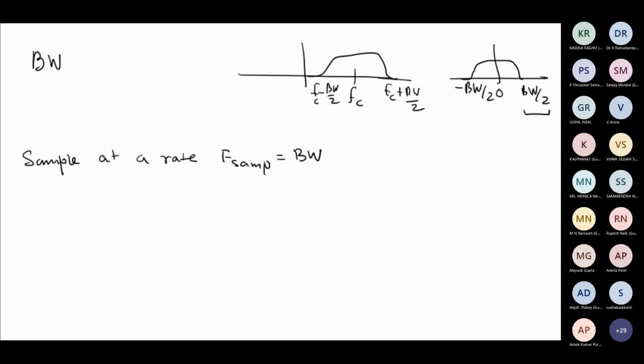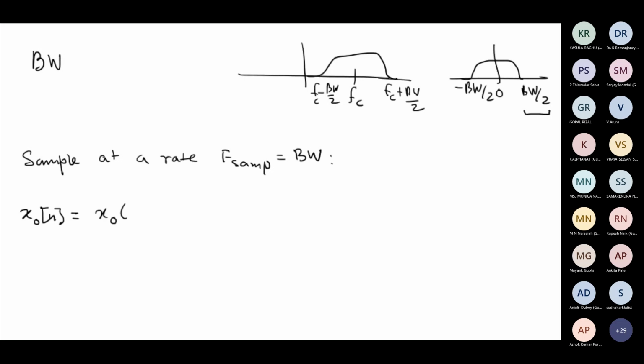That means we can perfectly reconstruct the CSS signal by taking samples at a rate of BW. Now, if we sample the signals at the rate of BW, then what do we get? For that, let us first check what happens to the basic chirp, or the symbol 0. So let's consider the sampled version of the symbol 0.